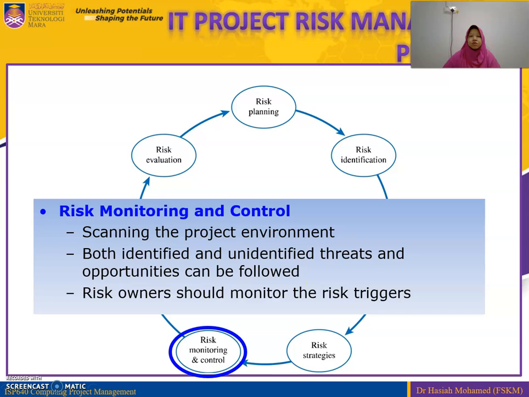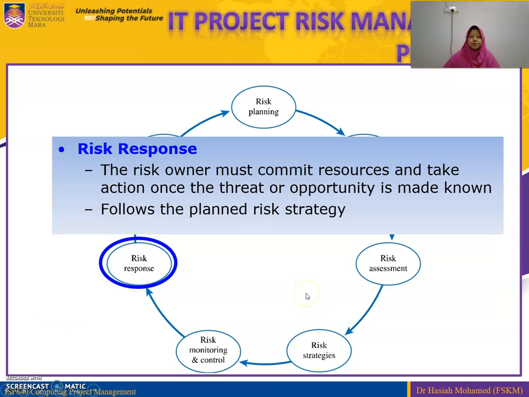Okay. For the risk monitoring, we look into the risk in the project environment. Both identified and unidentified threats and opportunities can be followed. So the risk owners should monitor the risk triggers. The risk response, okay, the risk owner must commit resources and take action once the threat or opportunity is made known, and follow the plan, the risk strategy.